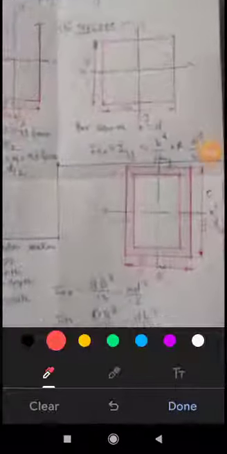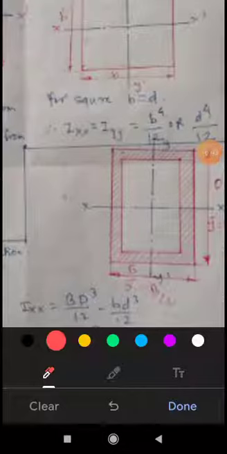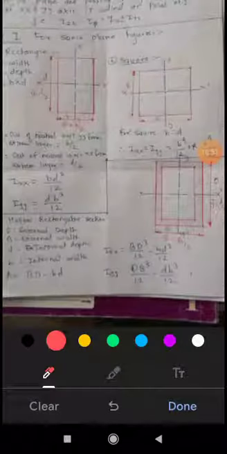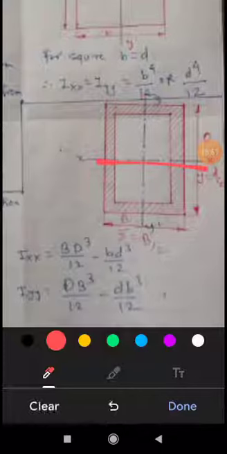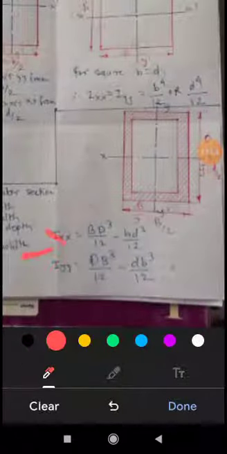Now we have to calculate the moment of inertia of the hollow rectangular section. Here also two axes are there, x axis and y axis. We have to calculate the moment of inertia about these two axes. First see the parameters.